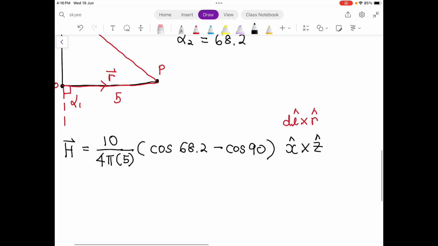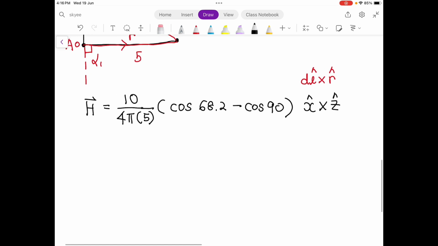Right, so you can start to calculate this. So we have a 10. So the answer is equal to 0.059 ampere per meter.